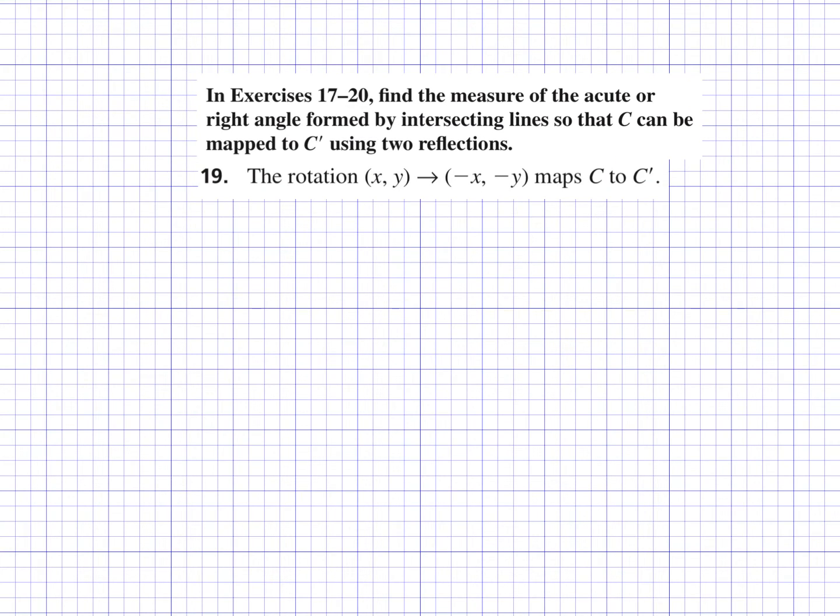Okay, now find the measure of the acute or right angle formed by intersecting lines so that C can be mapped to C prime using two reflections. Okay, so this is the rotation of what happens. This is the rule. So what this is showing you is that you're changing the sign on X and Y, both. Well, that's a 180-degree rotation.